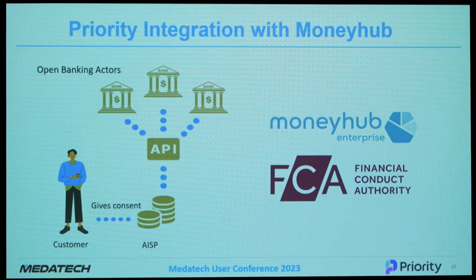So moving on to Moneyhub. Moneyhub is an integration Meditech have developed to integrate with Moneyhub. Moneyhub is a service that allows you to connect using what's called an account information service provider. And it allows you to essentially connect into your bank and use an API and a webhook to link into your bank account.